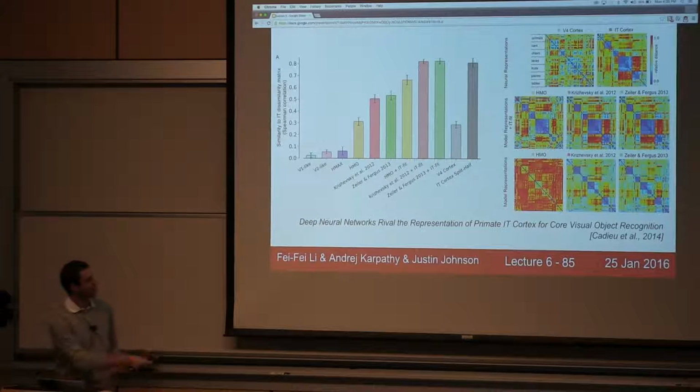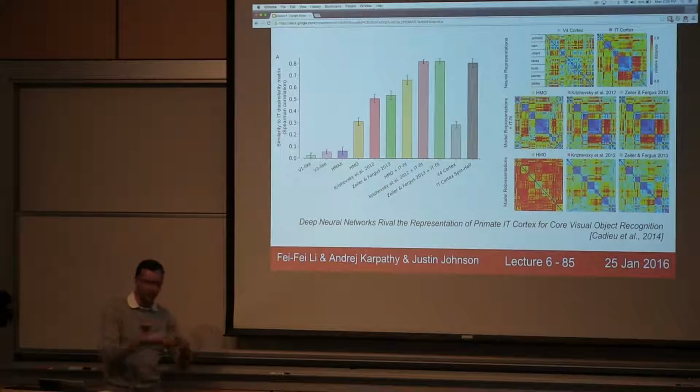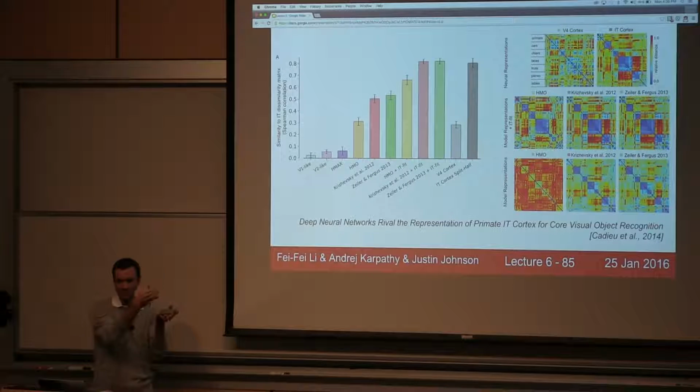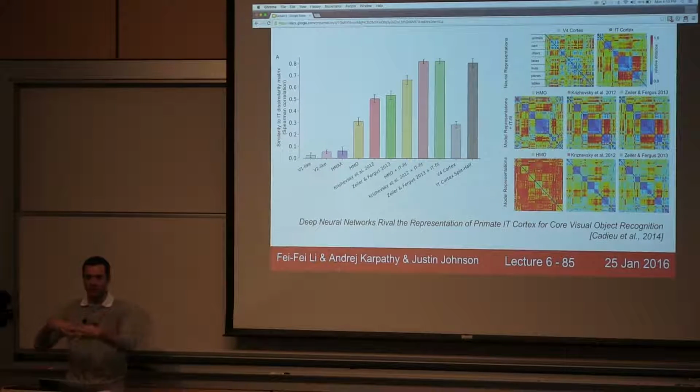Perhaps even more striking results are here, where they fed a lot of images through the convolutional network, and got the monkey to look at lots of images. Then you look at how these images are represented in the brain or in the ConvNet. These are two spaces of representation of how images are arranged by the ConvNet. You can compare the similarity matrices and statistics, and you'll see that the IT cortex and the ConvNets have very, very similar representations.